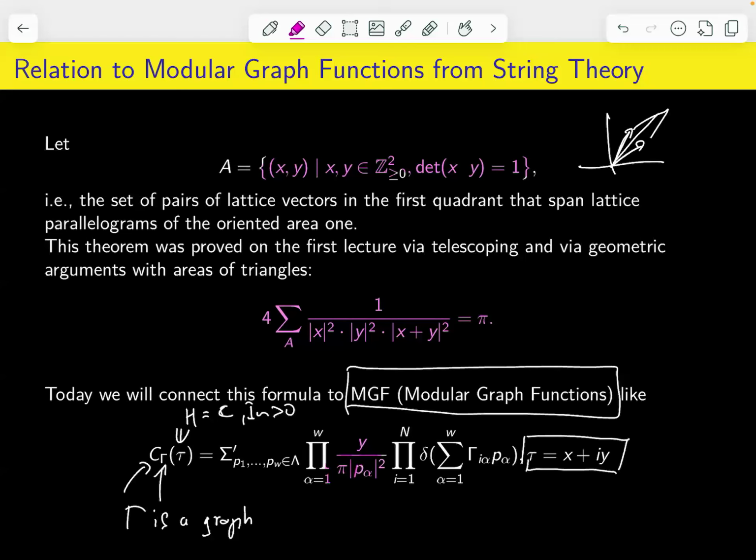That's complex numbers p_alpha, where alpha ranges from 1 to a certain number w, and actually w is the number of edges of the graph. So for every edge of the graph, you have some variable. And these variables belong to Lambda, and Lambda is just the lattice generated by tau.